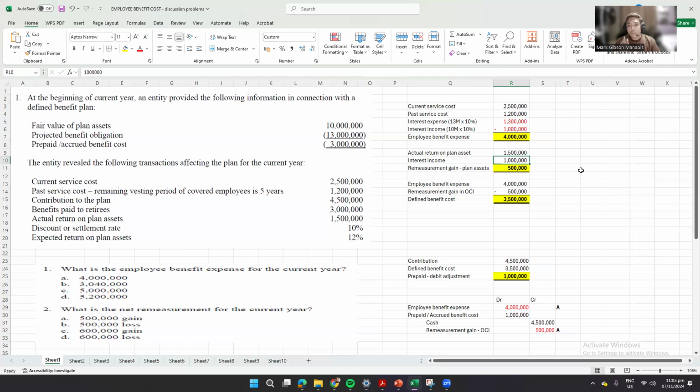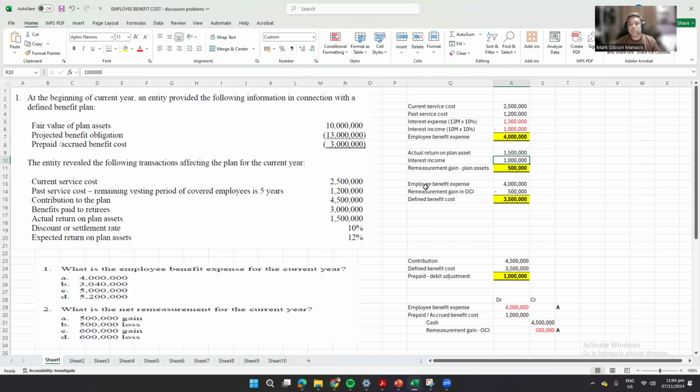So the difference, that's the remeasurement. In this case, it's a gain. So the actual return on plan assets is 1.5. The interest income is just 1 million. So the difference of 500,000 we have to recognize as a gain from plan assets. Okay? Let's continue.